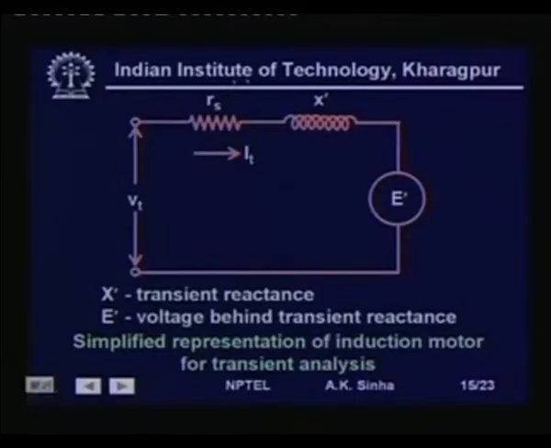So, X dash is the transient reactance, E dash is the voltage behind the transient reactance. This is a simplified representation of the induction machine for transient or dynamic analysis.